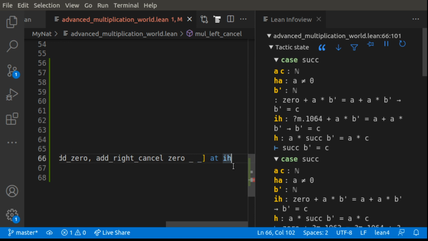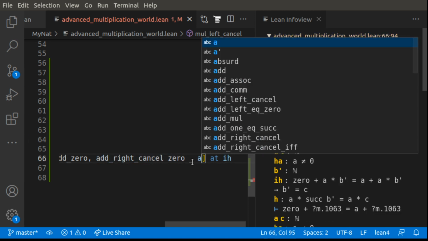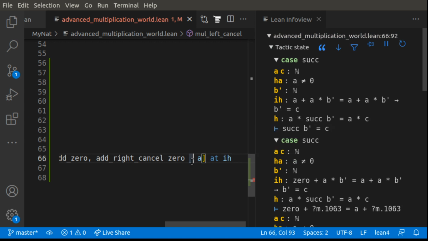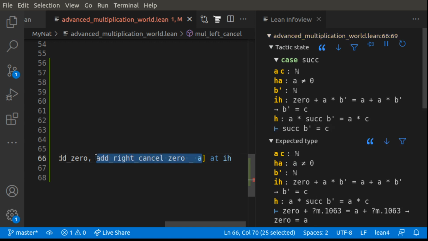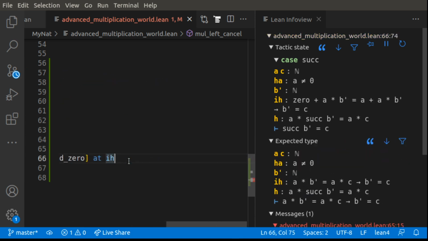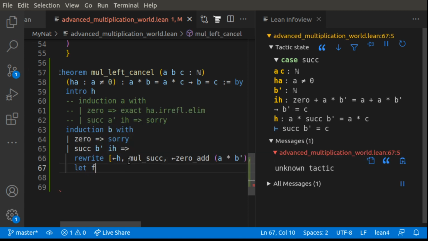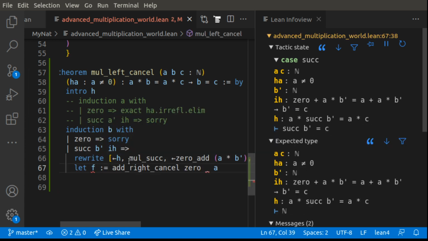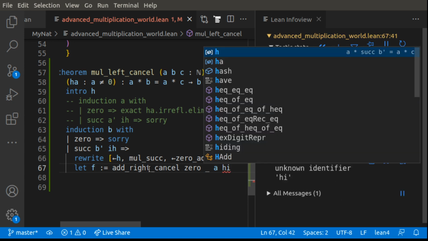What is IH now? Oh, no, that didn't quite work. 0. Okay, let's do B first. B is A. Oh, we don't want to apply it to H. Let F equal H, IH.